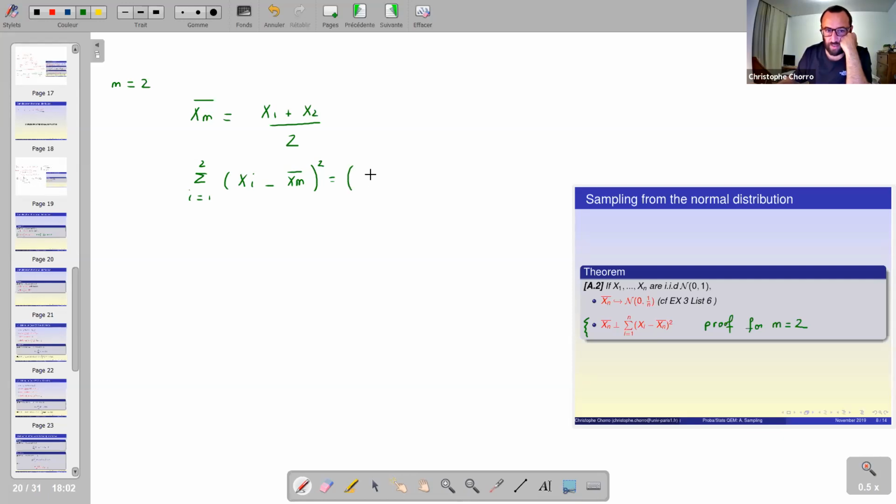I will obtain (x1 minus x2) over 2, squared. It's the first term for i equal to 1, because x̄n is equal to this quantity here, plus, in fact, the same here: (x2 minus x1) over 2, squared. And you see that here you have a function f of x1 minus x2.